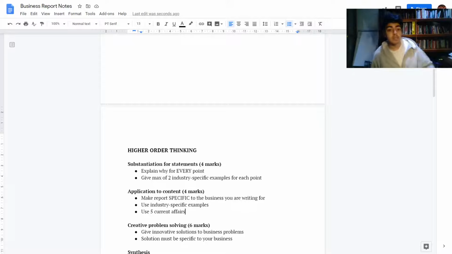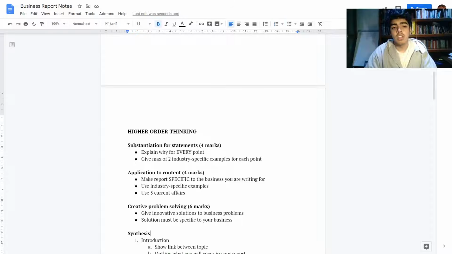And you also need to use 5 current affairs. They'll probably only want about 3 or 4, but 5 just to be safe. And again, try to integrate it. So don't just write there's a high unemployment rate and not relate it to your report, otherwise they won't want the current affairs, they won't count it.